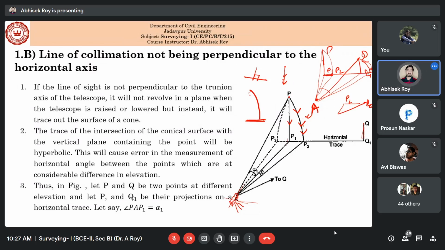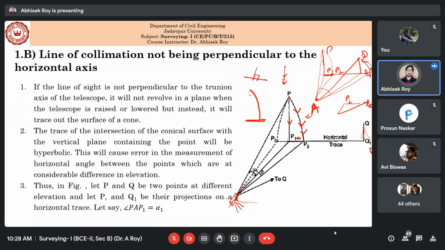So there is a shift, right? And what will be this shift? P1P2 will be the shift, and Q1Q2 will be the shift. So ultimately in the angle measurements, some amount of error will be there.